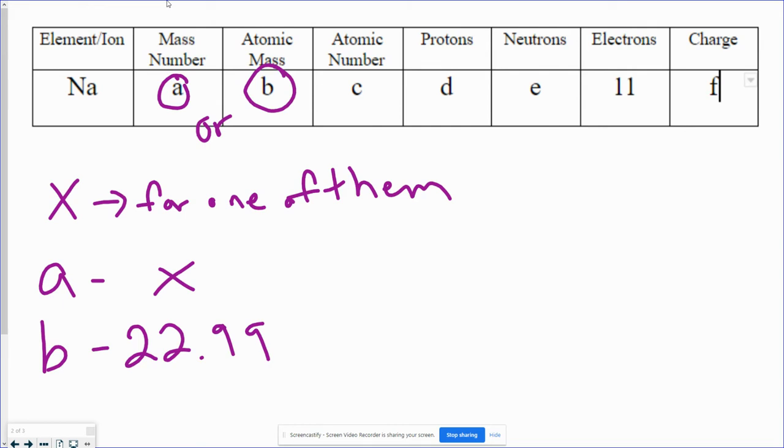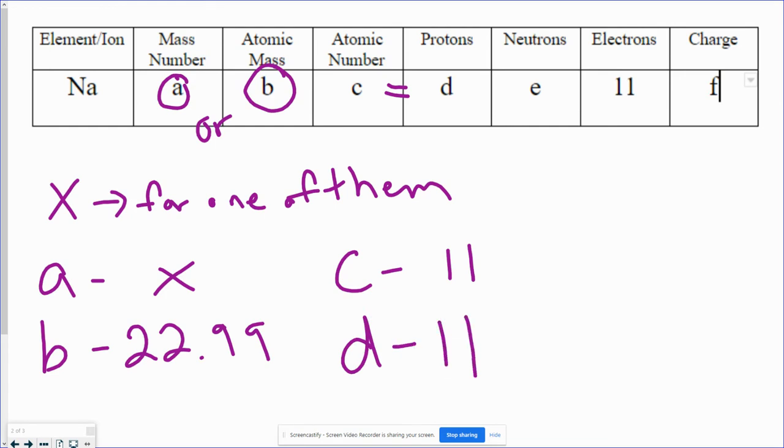The atomic number on our periodic table in the upper left-hand corner is 11. Protons and atomic number are always going to be equal. So that means that D is 11.